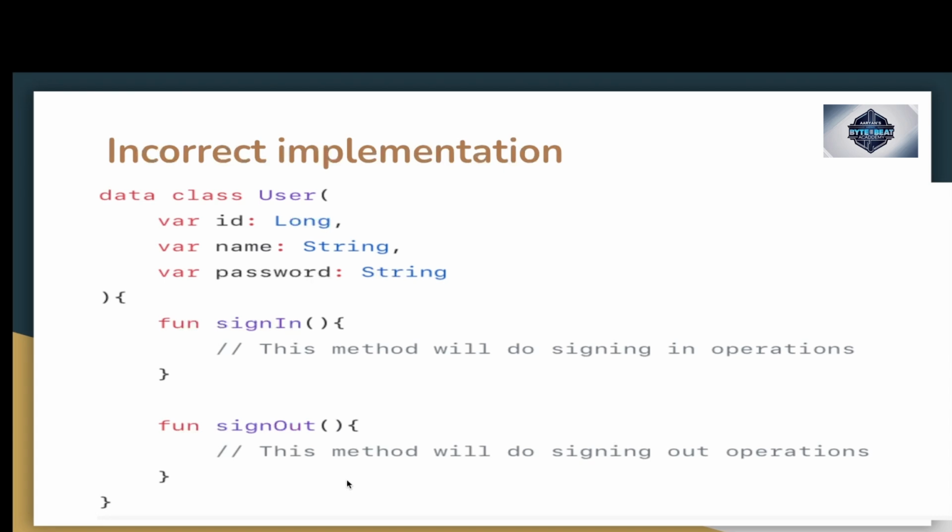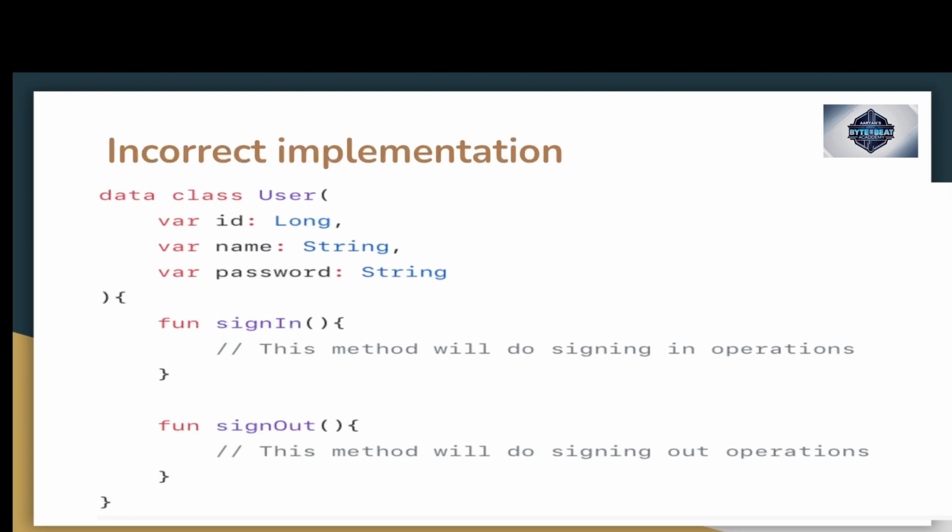If I get another requirement to get the user's address also, I will add a variable here. So now this class has 2 reasons to change, one for authentication purposes and another for getting the attributes of the user.